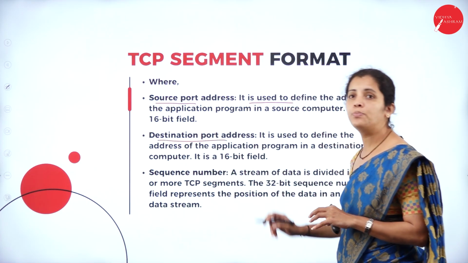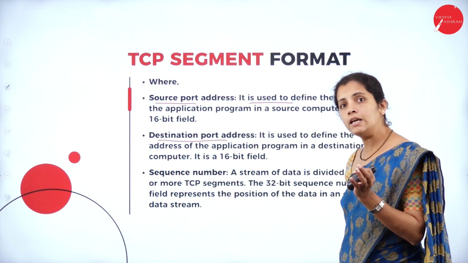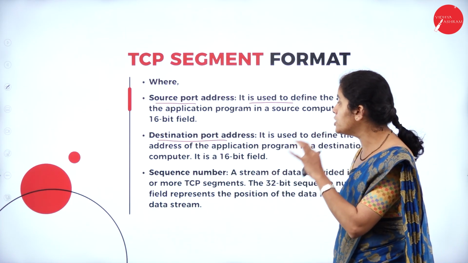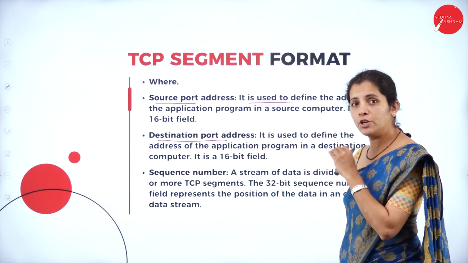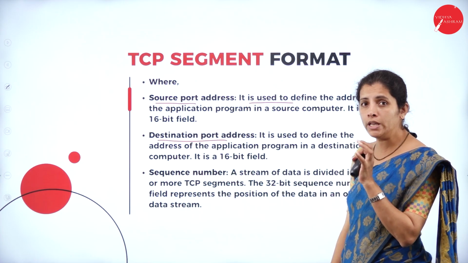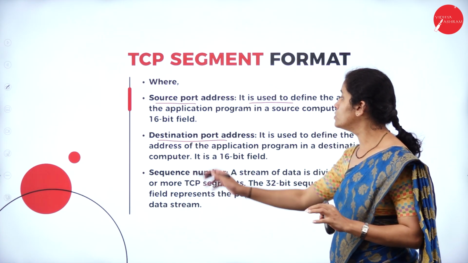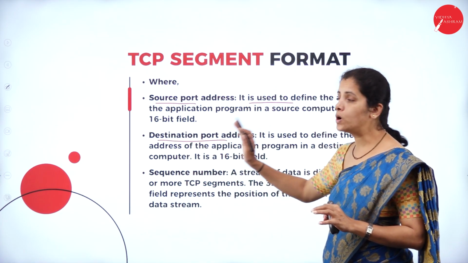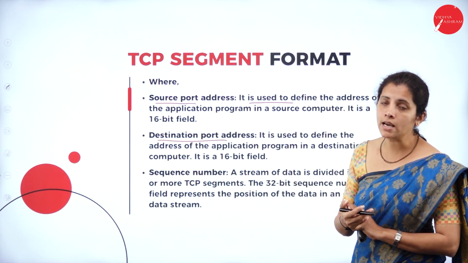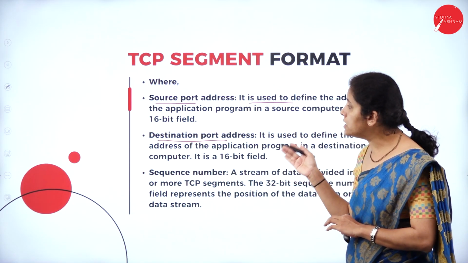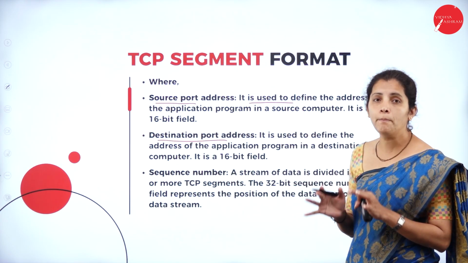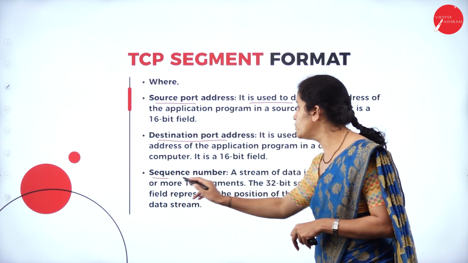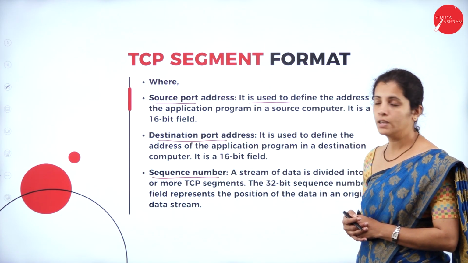The destination port address is the receiver side machine port address. To identify the machine, we have a unique port address. The size of both the sender port address and receiver port address is 16 bits.